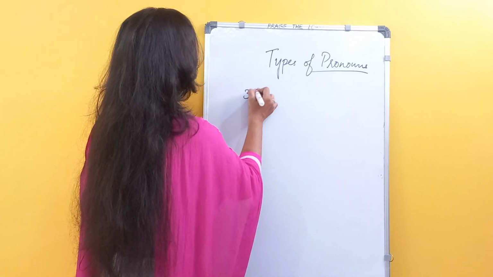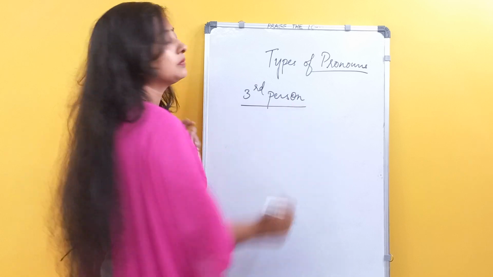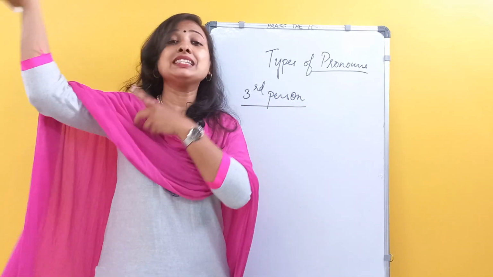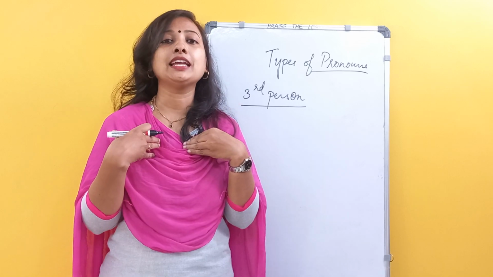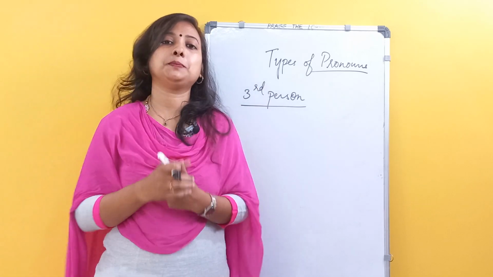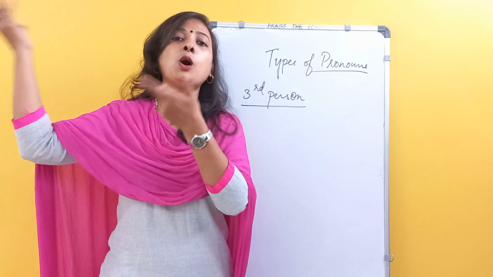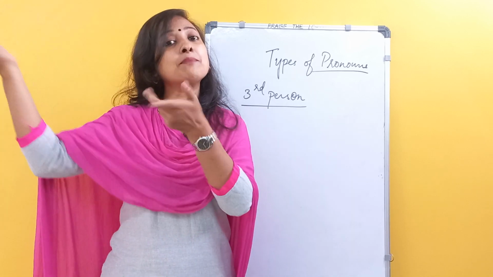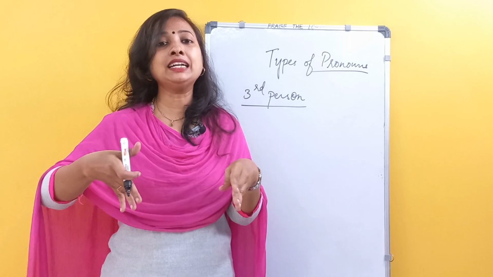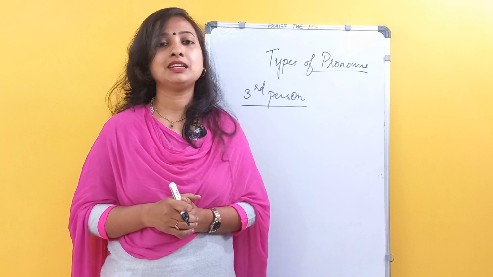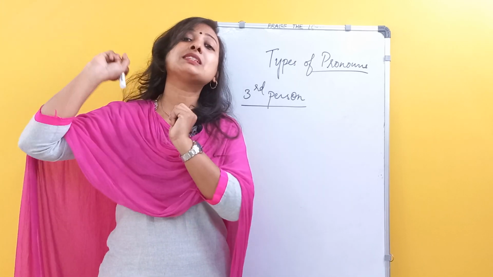Now coming to third person. Third person is someone, some X, who is not here. If you and me are talking and we are talking about someone, or about something, some X thing which is not here, it will become some he, some she or some it.